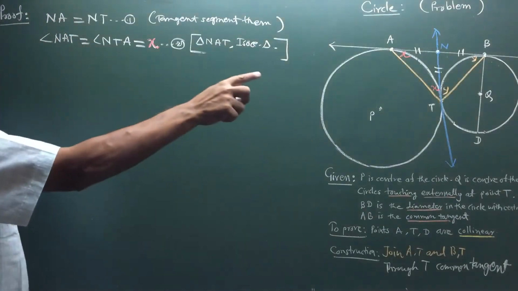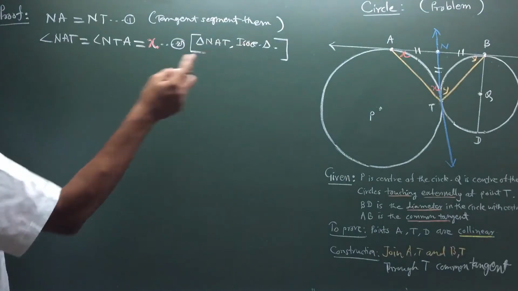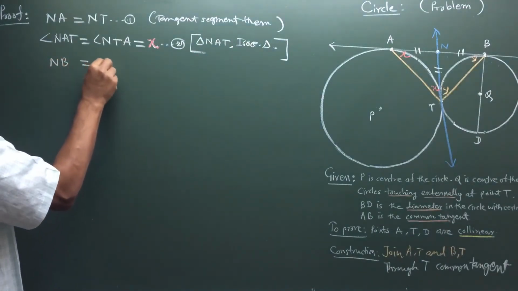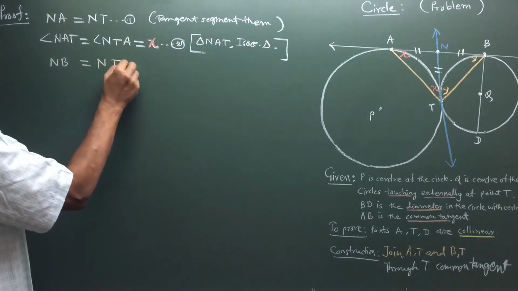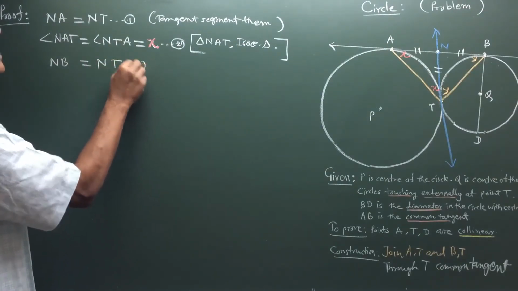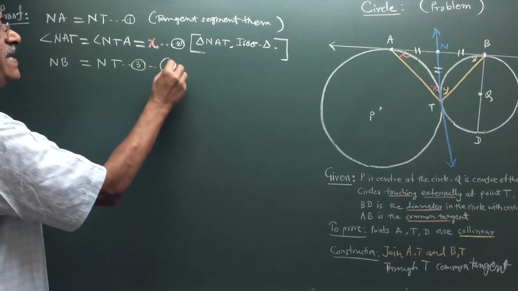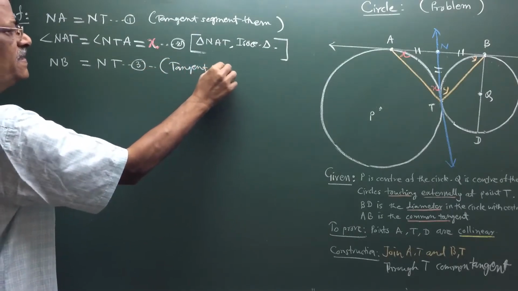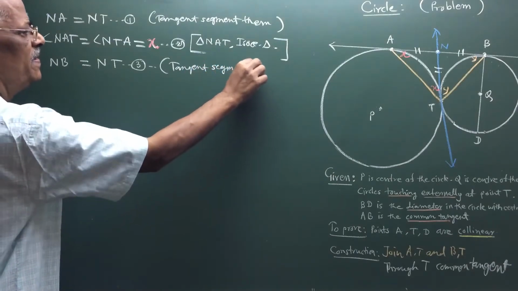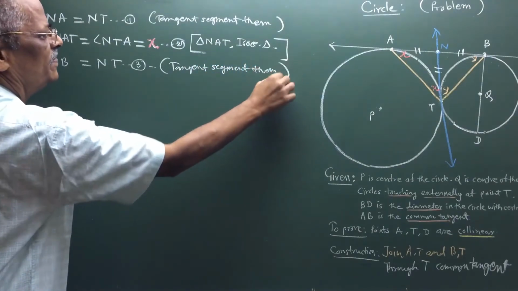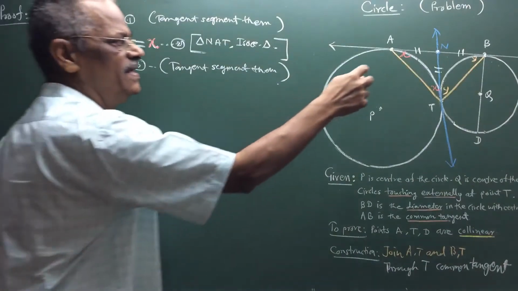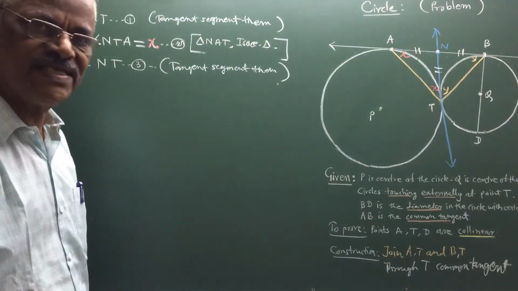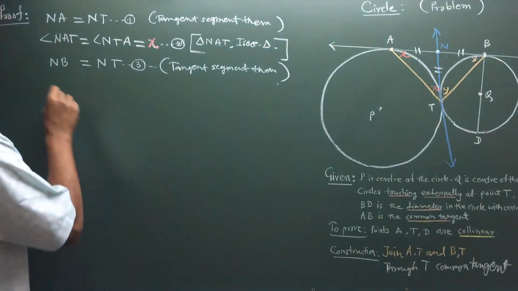So two angles are equal. Now NB is equal to NT. What is the reason there? Tangent segment theorem. And in triangle NBT, two sides are equal, so two angles are equal.